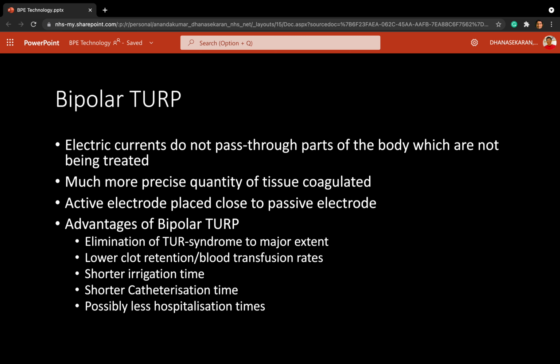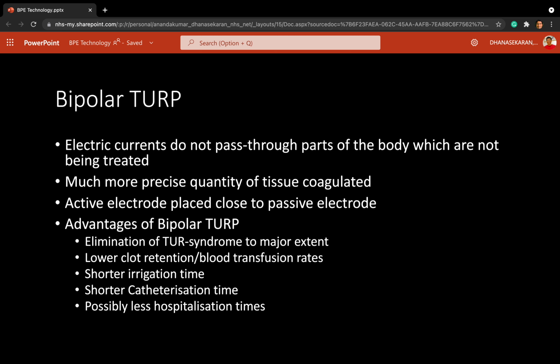The current passes through the loop, and when the loop is in normal saline, this creates plasma, which is a state of matter between liquid and gas, and then the current passes back through the other limb of the loop, which acts as the dispersive plate, and back to the machine.